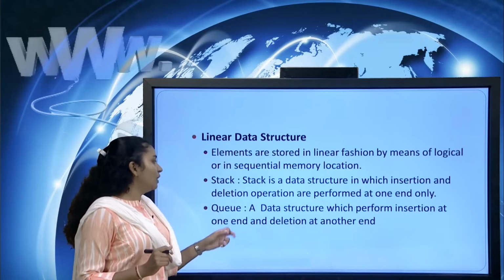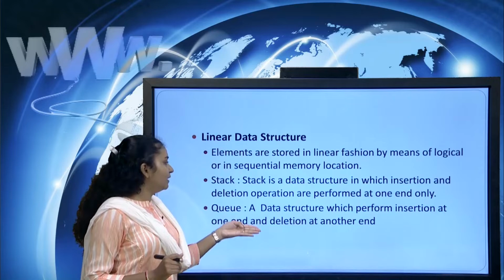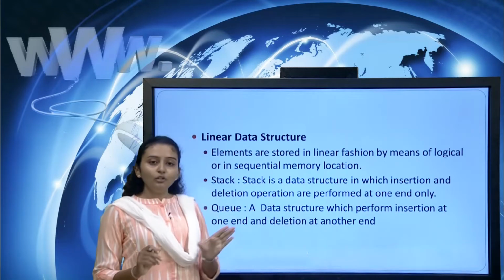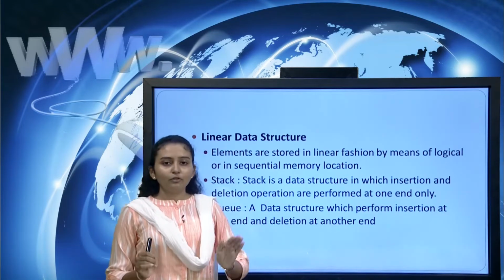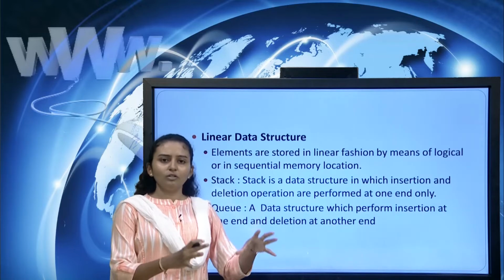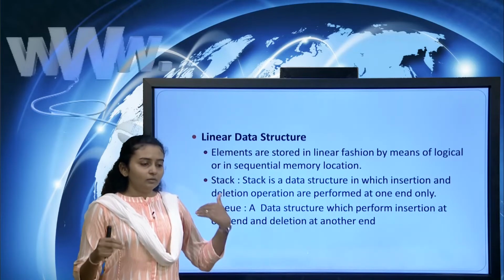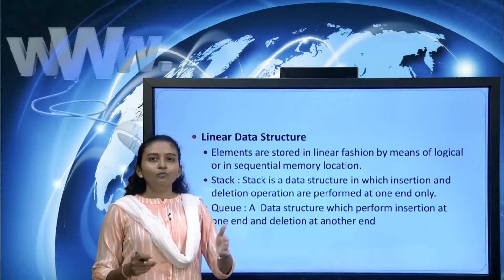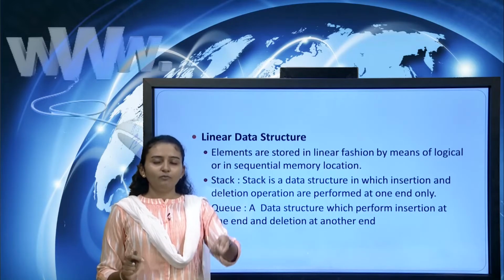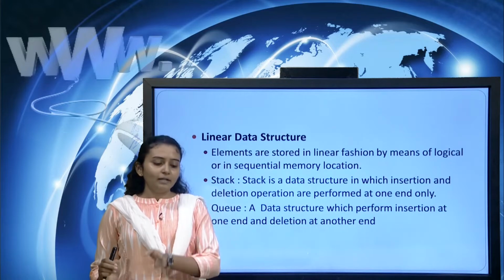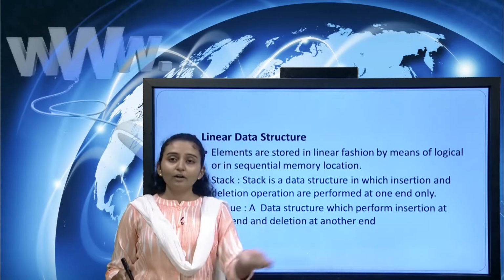Next is queue, a data structure which performs insertion at one end and deletion at another end. In a queue, imagine you are going to pay your fees in your university or college. At that point of time you are standing in a queue. When you reach the window of the fee counter, you will exit from the other end.